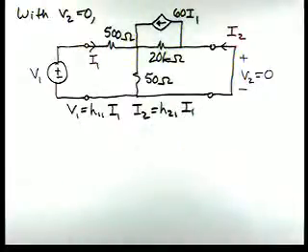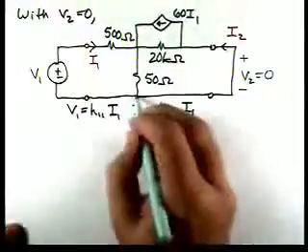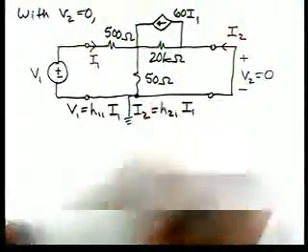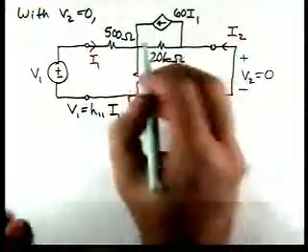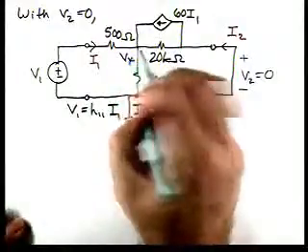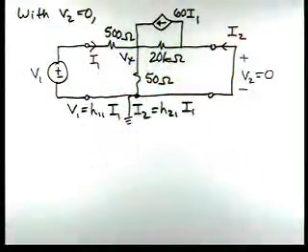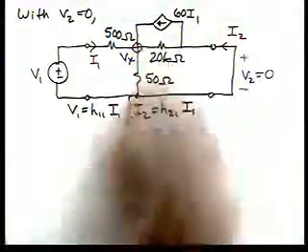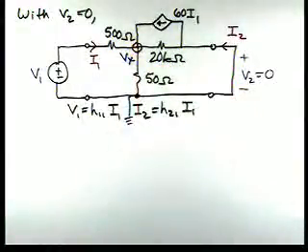Now I'm going to work on this problem using nodal analysis. So let's make that node reference. I'm going to let that node voltage be Vx. And now we want to apply KCL at that node.